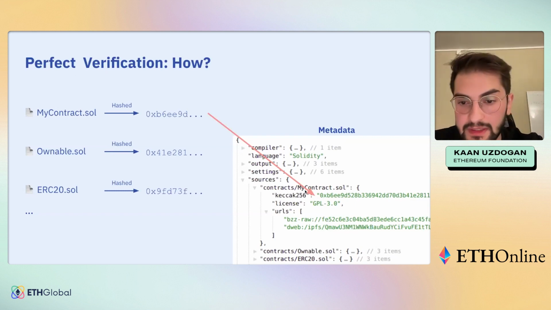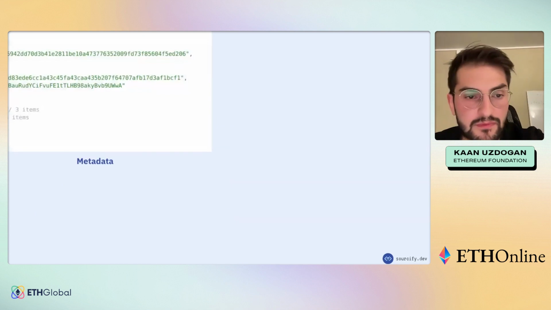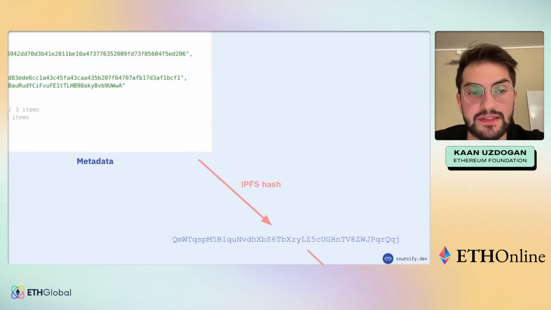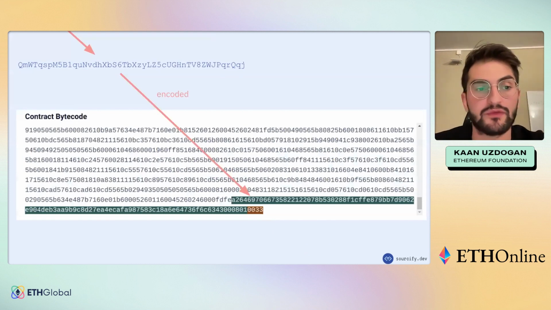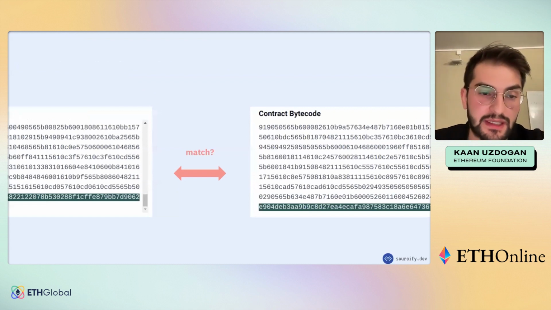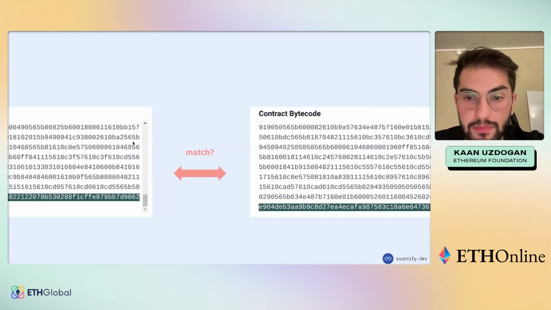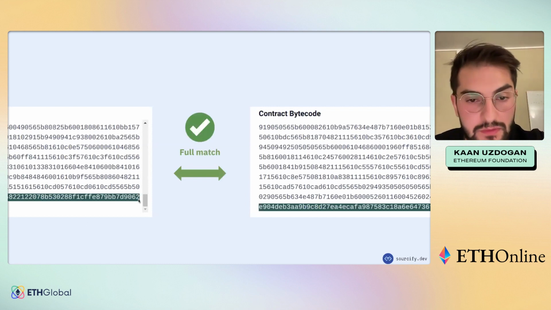So the hash is embedded in the fields of this source file, as well as the other files. Then the IPFS hash of this whole metadata file is taken. And then the IPFS hash is embedded and encoded at the end of the contract bytecode, as we have seen before. Then we see if the one on the left, the one we recompiled, is actually matching the one from the blockchain. And if it's matching, it's a full match. It's a perfect match, as we call.